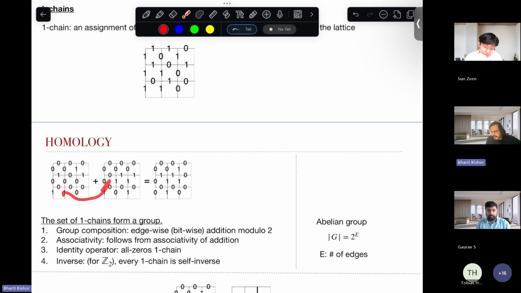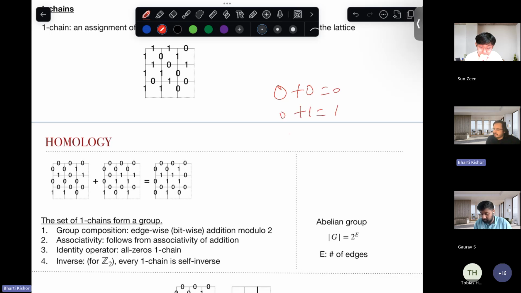Okay. So I can take an example of one 1-chain, I can take another example of a 1-chain, and I can add them. And the addition will be how you do it in Z2: 0 plus 0 will be 0, 0 plus 1 will be 1, 1 plus 0 will be 1, and 1 plus 1 will be 0. This is how you do the addition. So for example, here I have 1 and here I have 0, so 1 plus 0 is 1.